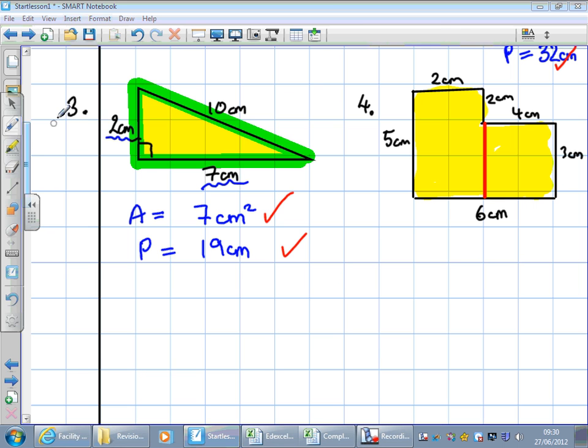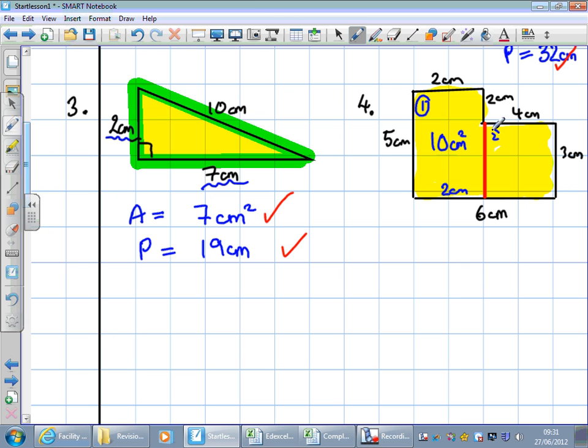We're going to work out the area of rectangle 1. Where's the base? For a rectangle, the opposite sides are the same length, so that must be 2 centimeters. So base times height, 2 centimeters times 5 centimeters, 10 centimeters squared.